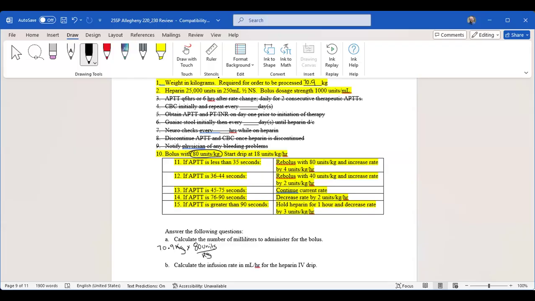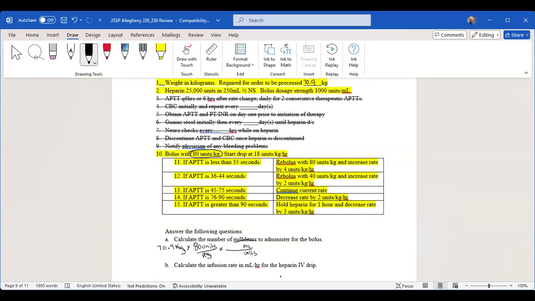Now, the question says calculate the milliliters. So if I'm looking for milliliters, I obviously can't use units, which is what I'm in right now. So I'm going to make another conversion, and this time I'm going to convert units to milliliters. So how do I do that?